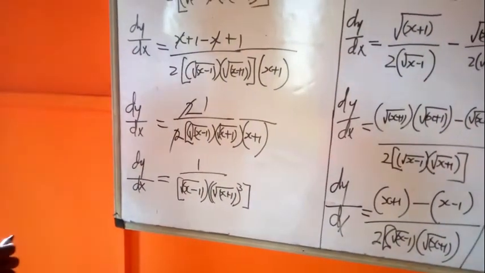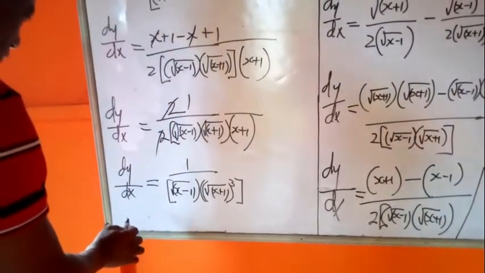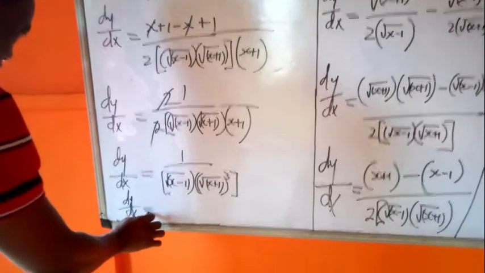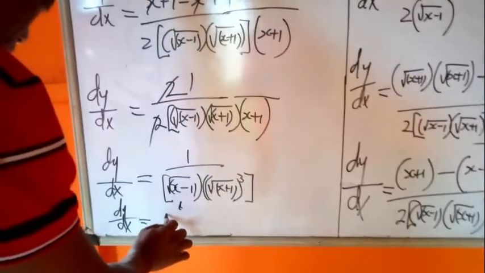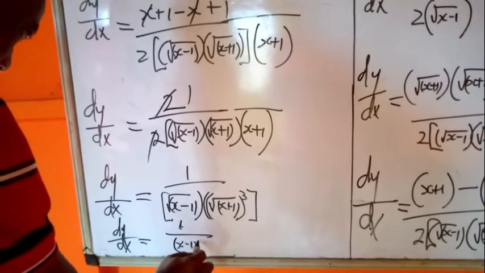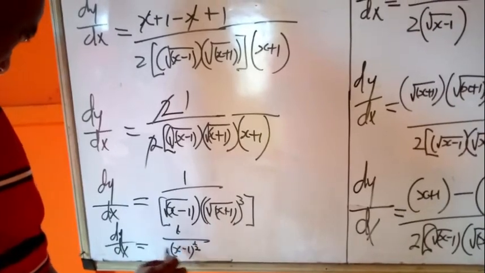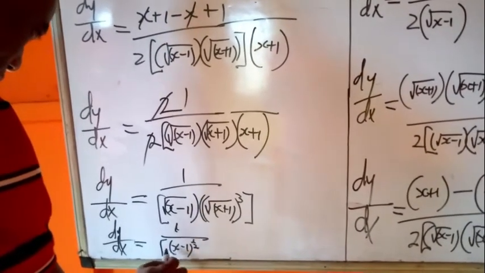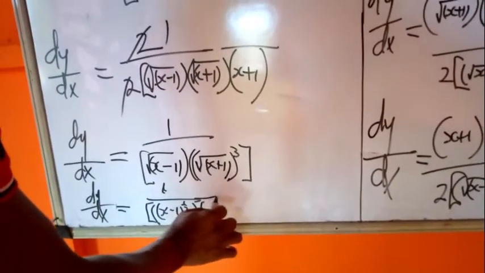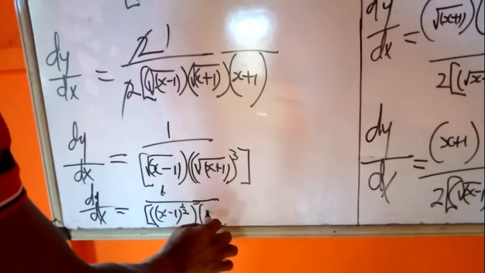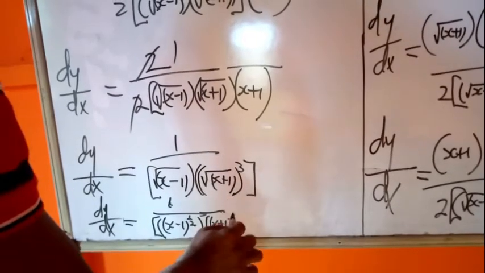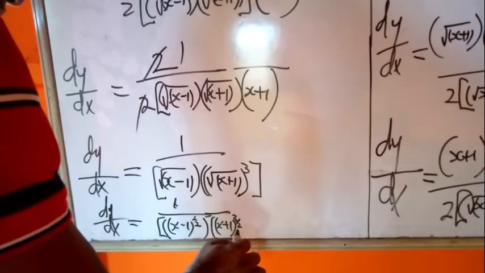So in other words, we can say now that dy dx is equal to 1 all over x minus 1 raised to power half and I also have x plus 1 raised to power 3 over 2.